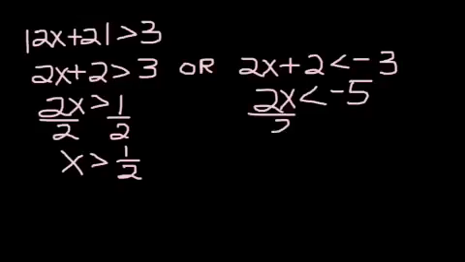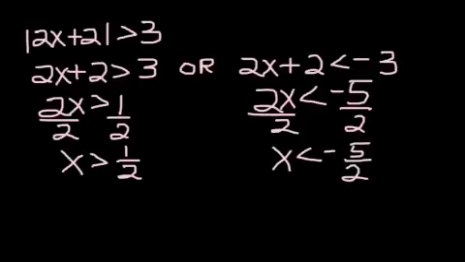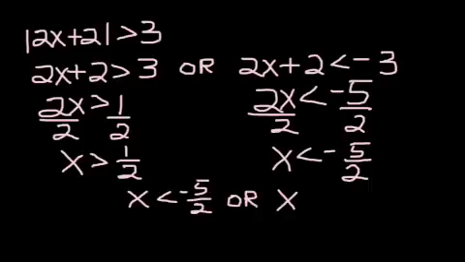Divide both sides by 2. And x is less than -5/2. I actually like to write that with the small one on the left. So I say x is less than -5/2, or x is greater than 1/2.